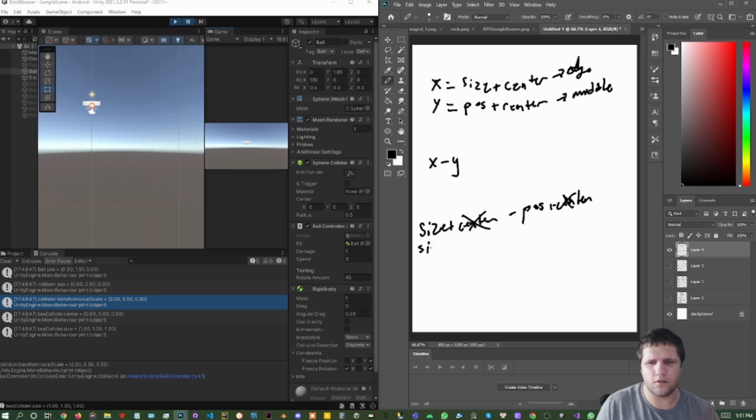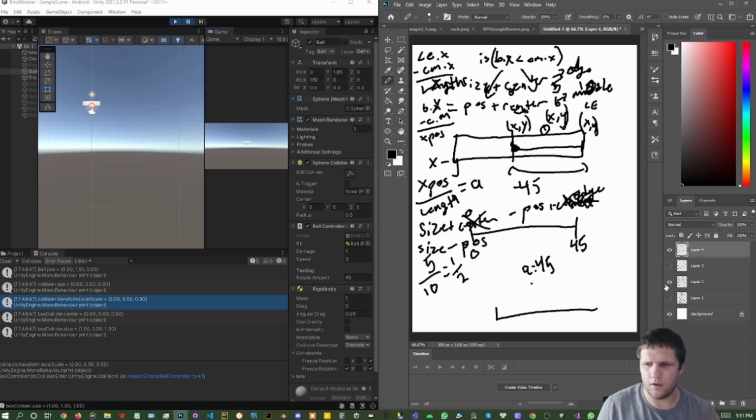So center doesn't actually matter here, so we have the size minus the position. Okay? Yes. So size minus position, and then we have the middle.